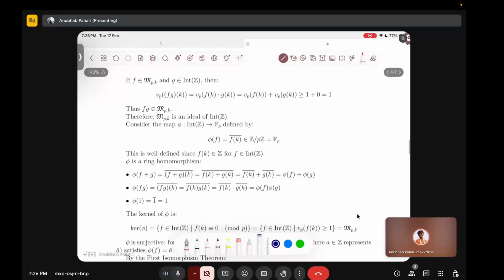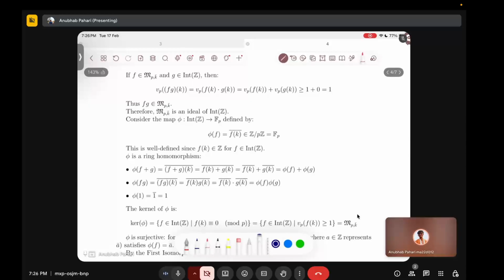And if f belongs to M_{p,k} and g belongs to Int(Z), then v_p of (fg)(k) should be v_p of f(k) plus v_p of g(k). So it turns multiplication into addition, but it is clear, right?